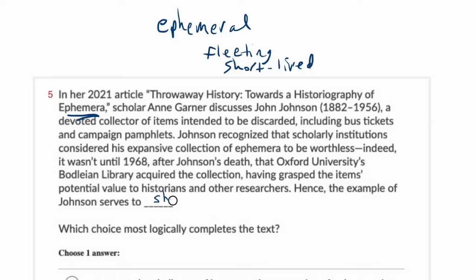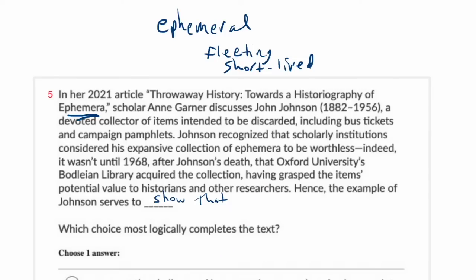What is it doing? I think show that, it's hard to articulate this.